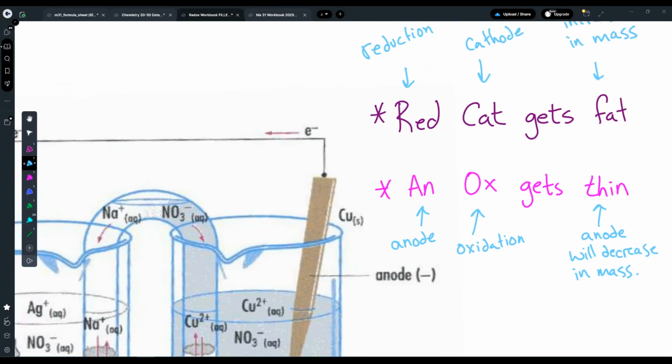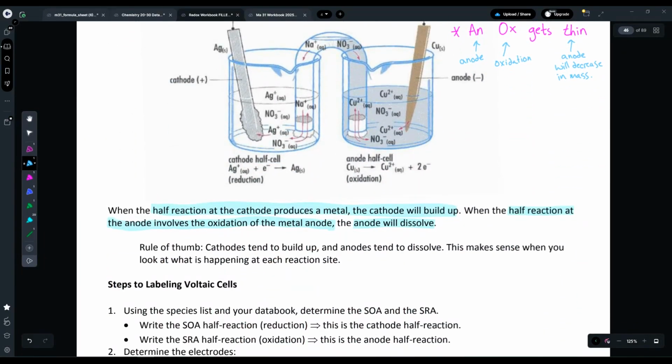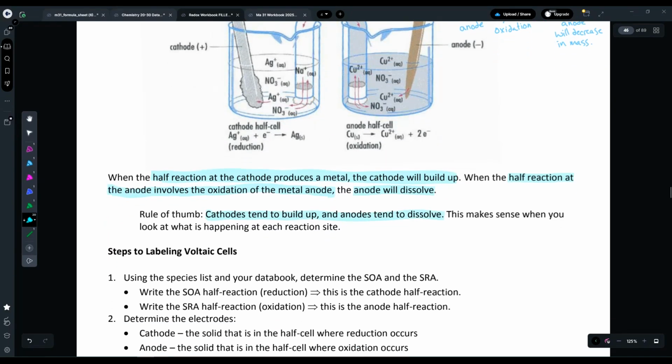So if there's any electrode that's decreasing in mass, that would be the anode. Rule of thumb, cathodes tend to build up, anodes tend to dissolve. This makes sense when you look at what is happening at each reaction site. That will make a little more sense once we get into some questions.